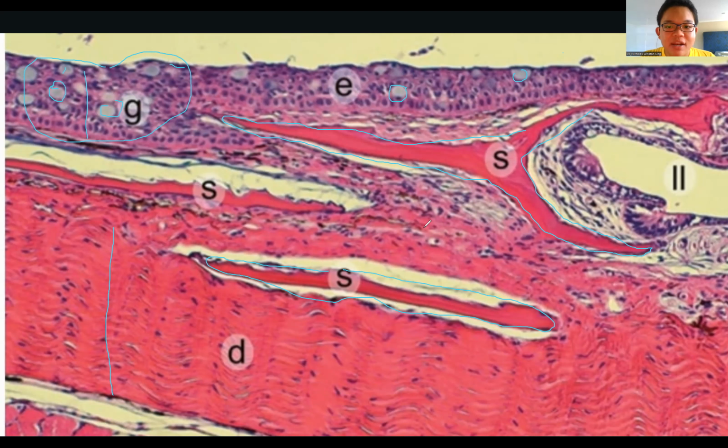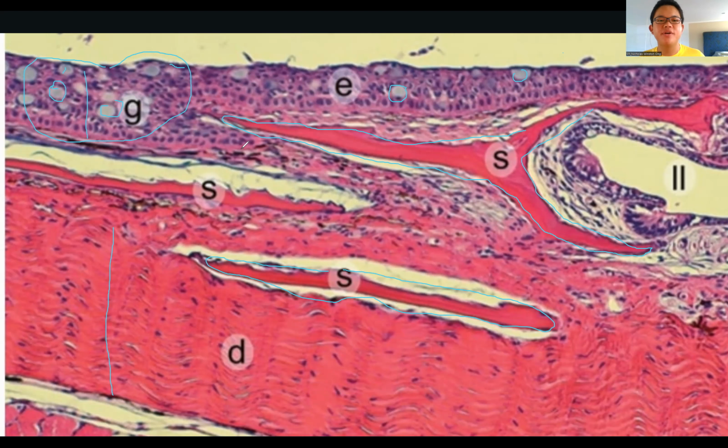The scales of the fish are not layered just above, but overlapping. So one will be above and one will be below, producing multi-layered armor. As we can see here, one of the scales is located between the epidermis and the dermis, and the other one is embedded straight in the dermis.